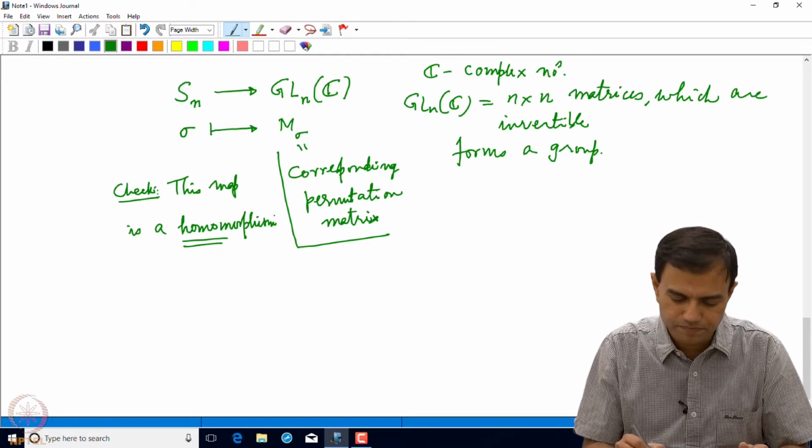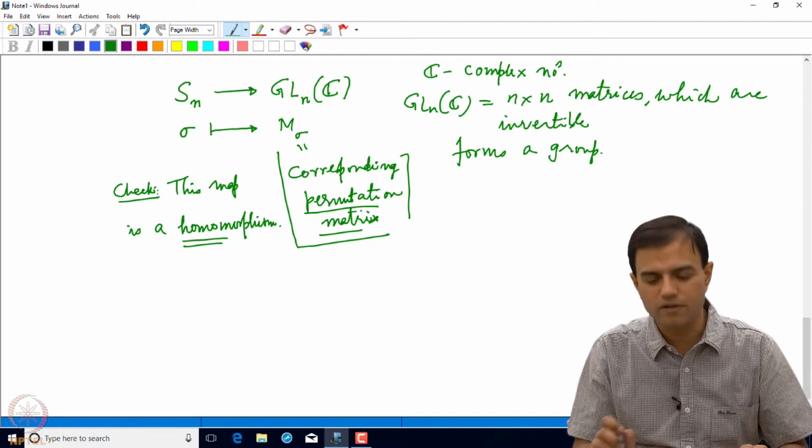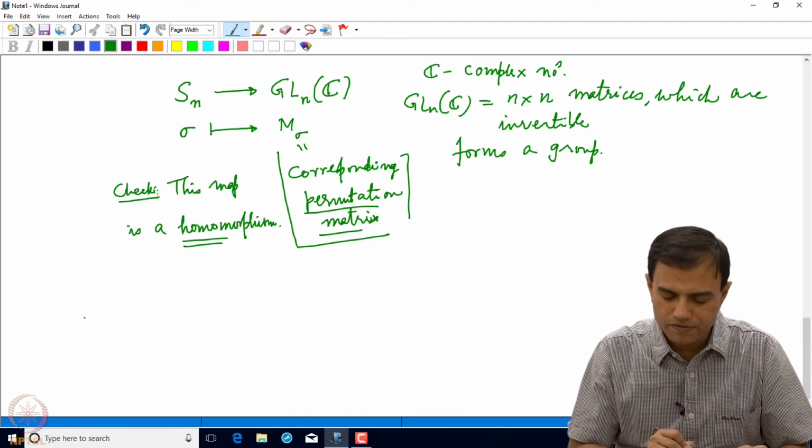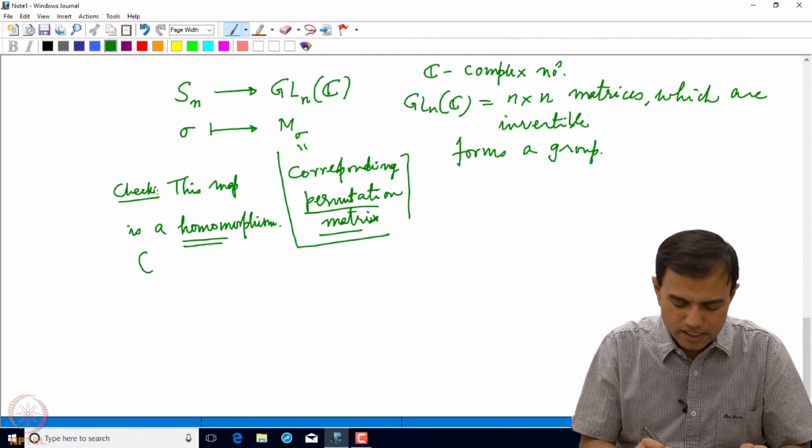So that's a question. For either notion of permutation matrices, whether in terms of rows or columns, this is a homomorphism. So you have a homomorphism from here to here. It's actually an injective homomorphism.